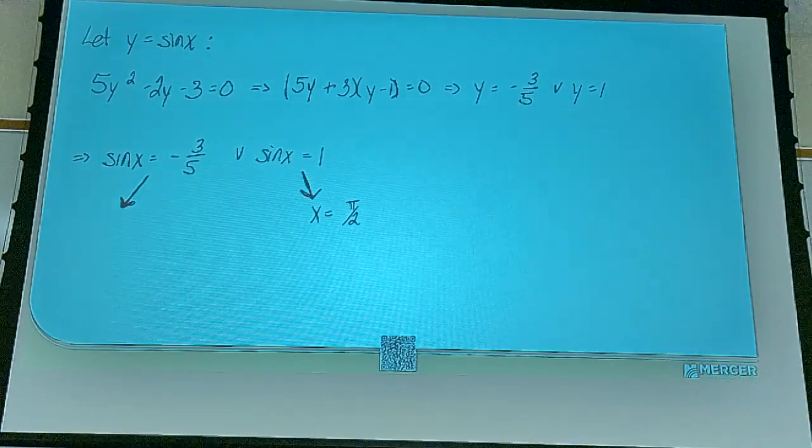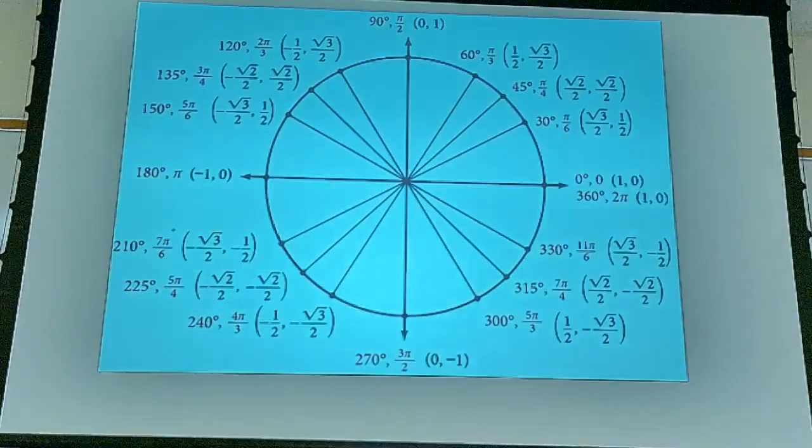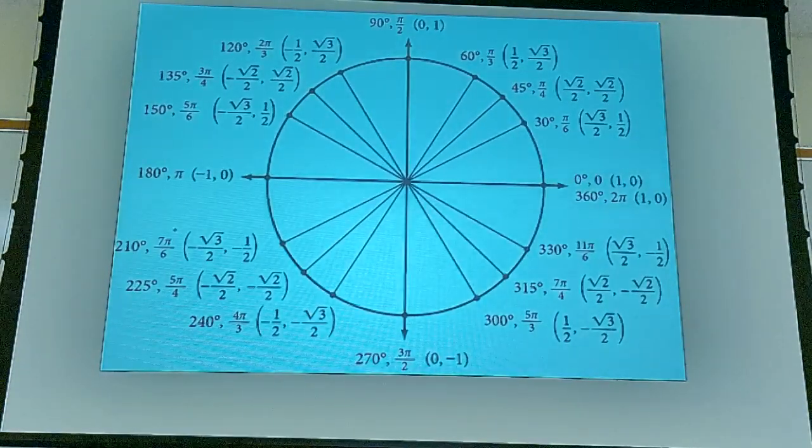Now, sine x equals negative 3/5. Do you see a point on the unit circle that has a y-coordinate of negative 3/5? Bummer. It means it's not an angle that's on the unit circle. Maybe take a reference angle? Well, even if you try to do that, that angle is not listed.